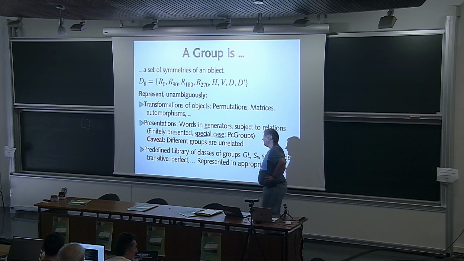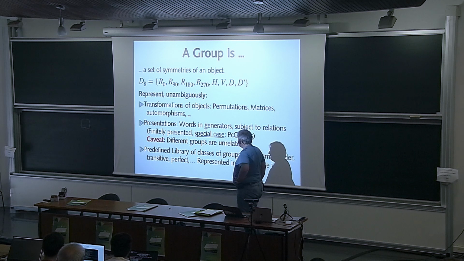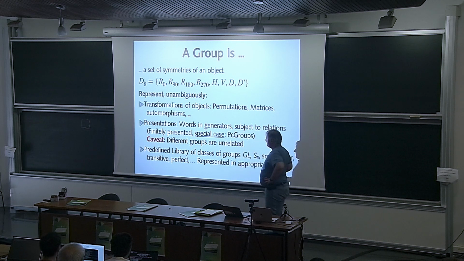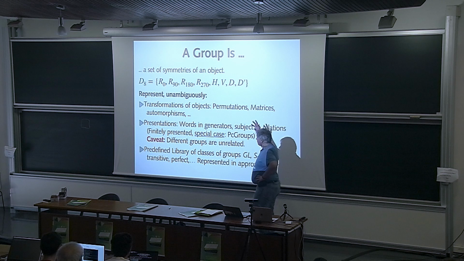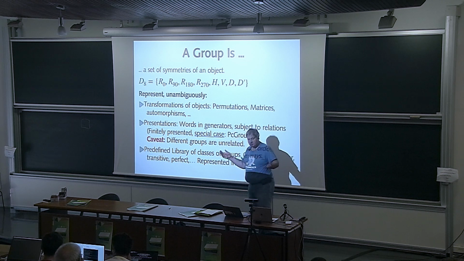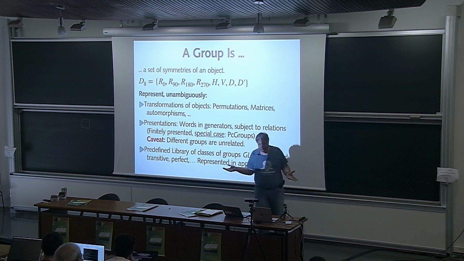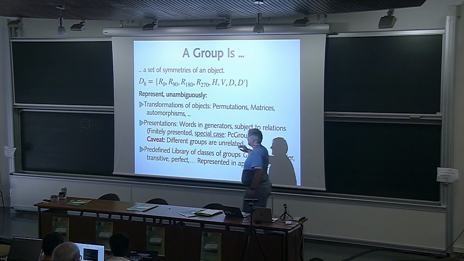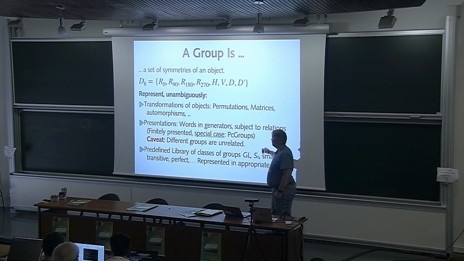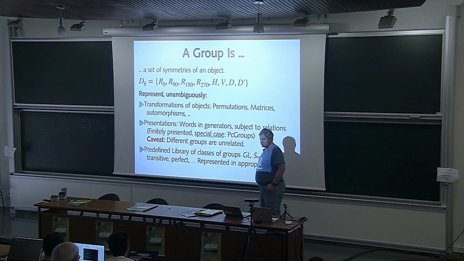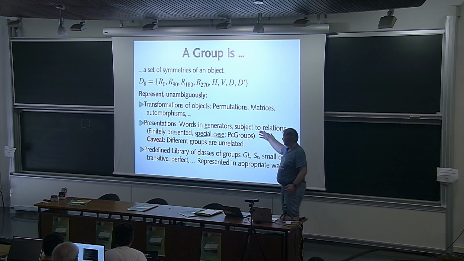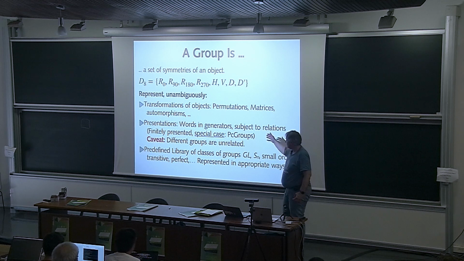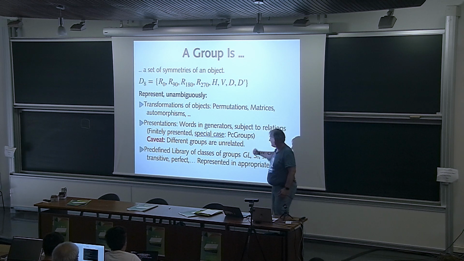So we typically would represent groups in one of 2 ways, either as transformations of existing objects, permutations of points, matrices, automorphisms of other structures, or, as we will see later, we represent groups through words in a generating set. And we will also, in Bettina Eick's lectures, learn about polycyclic groups with a PC presentation, which is a special case.